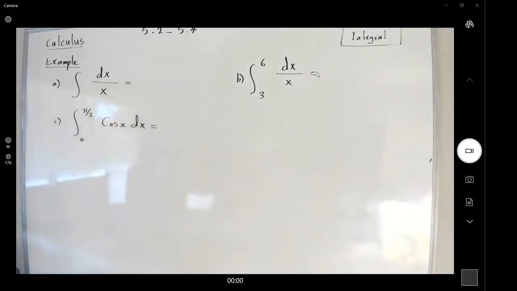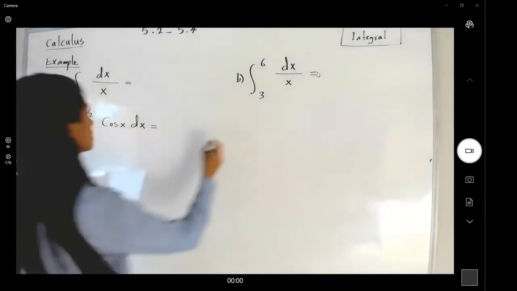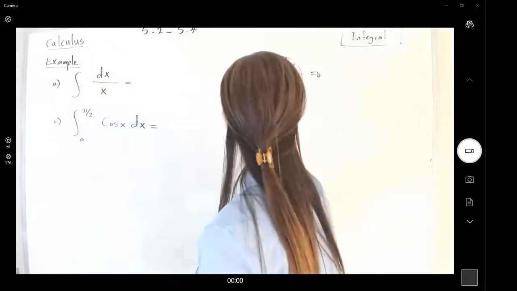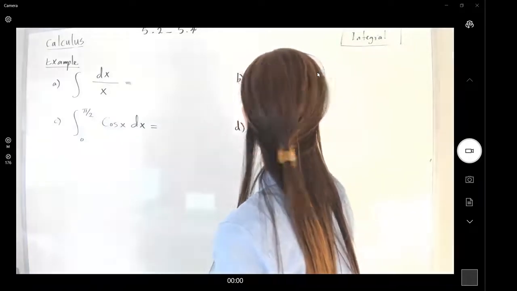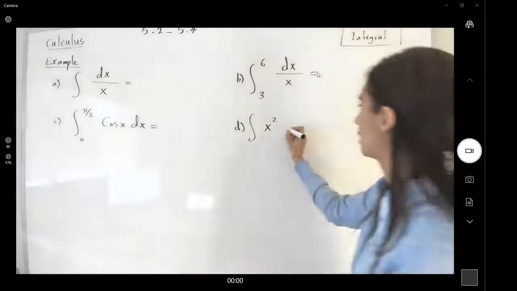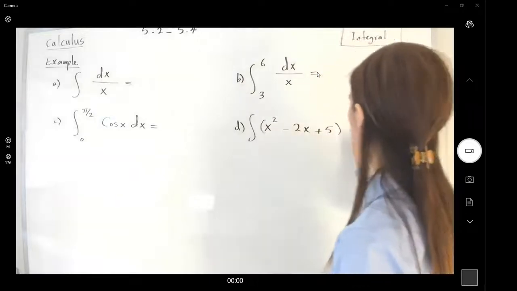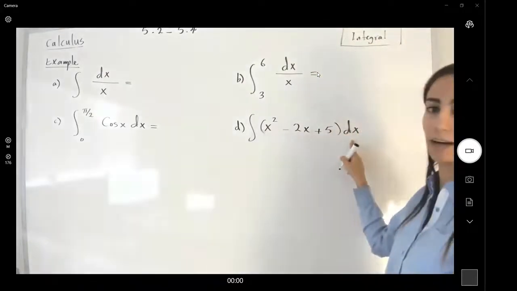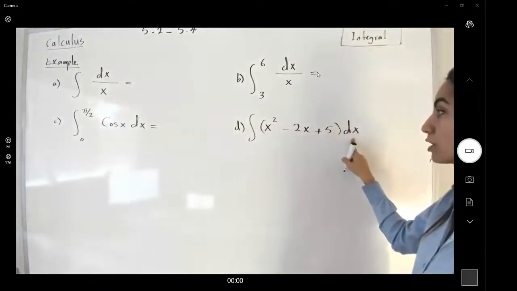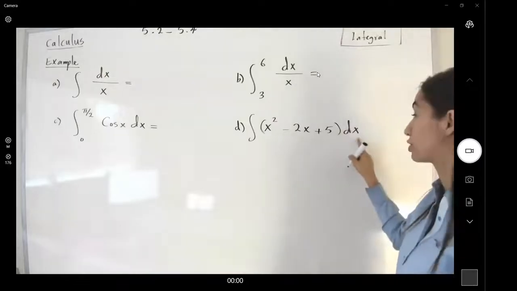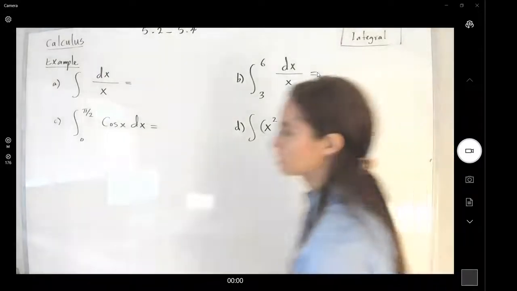The next example, what is the integral of x squared minus 2x plus 5? Remember that we need to have dx. We need to make sure we are taking the integral with respect to variable x.